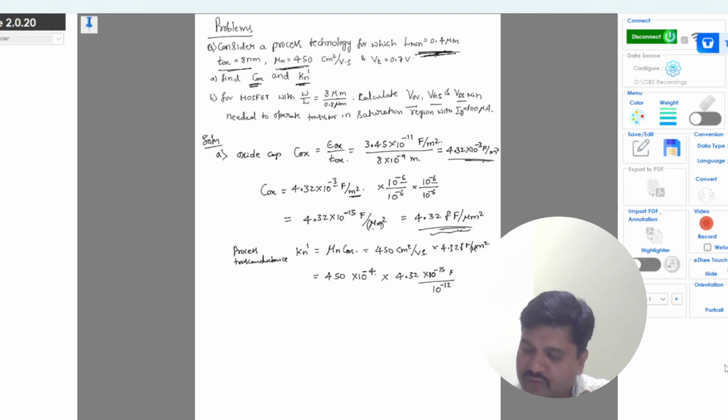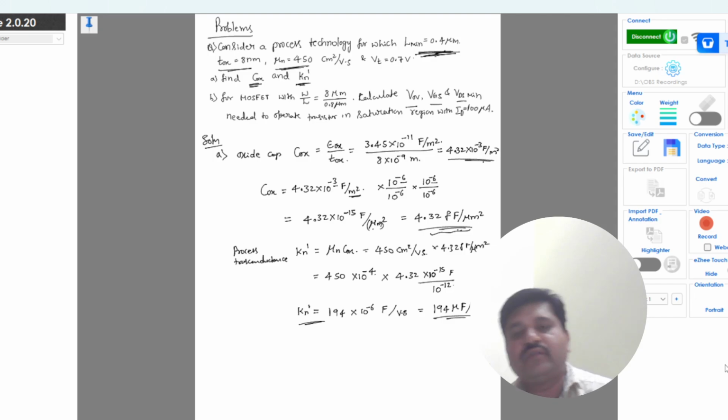Solving this, you will get around 194 into 10 power minus 6 farad per volt second. So this is equal to 194 microfarad per volt second. This is your process transconductance Kn dash.